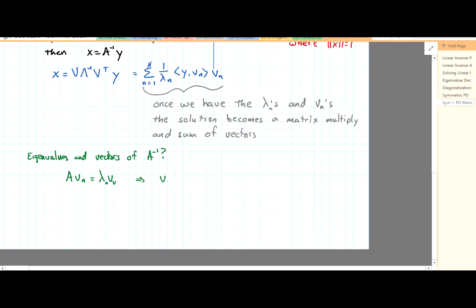From there we can say vn is equal to lambda n A inverse, because we've already stipulated that that exists, times vn. And that will give us 1 over lambda n vn is equal to A inverse vn. And so the eigenvalues of A inverse are 1 over the eigenvalues of A, and the eigenvectors are the same as the eigenvectors for A.